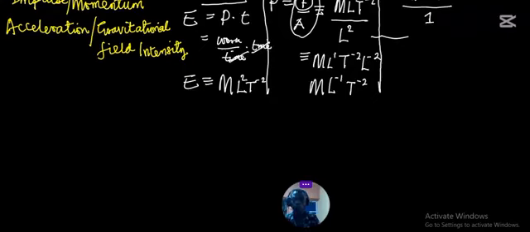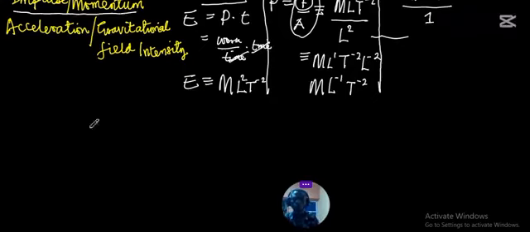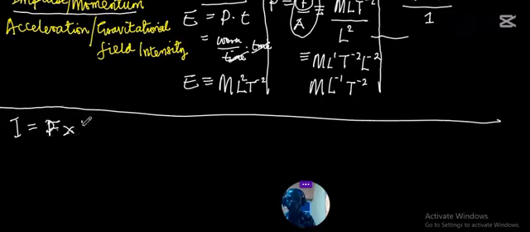Now the next one is impulse and momentum. The impulse of a force is given by the product of that force times the time that force acts. So impulse is equal to force times time.